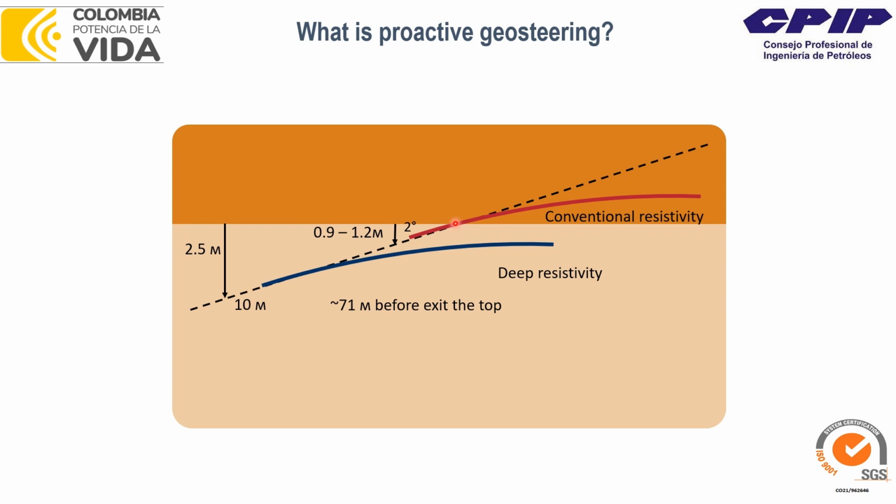This is more than enough to drop the inclination of 2 degrees. Even if you go with a really low dogleg severity, you can calculate yourself, right? Even with 0.5 dogleg severity, you will be able to steer the well smoothly and avoid exiting the reservoir. That's the whole concept.